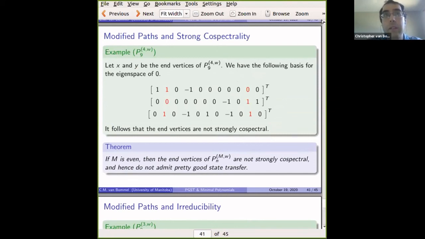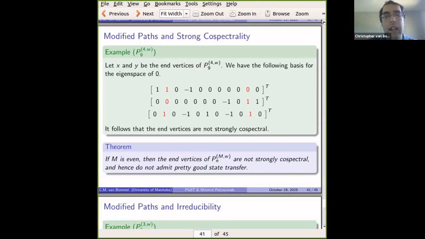So with an unmodified path, we always had that the end vertices were strongly cospectral, and if we modify it the wrong way, we can lose that property. So here's an example on a path of length 9 where we attach at vertices 4 and 6.